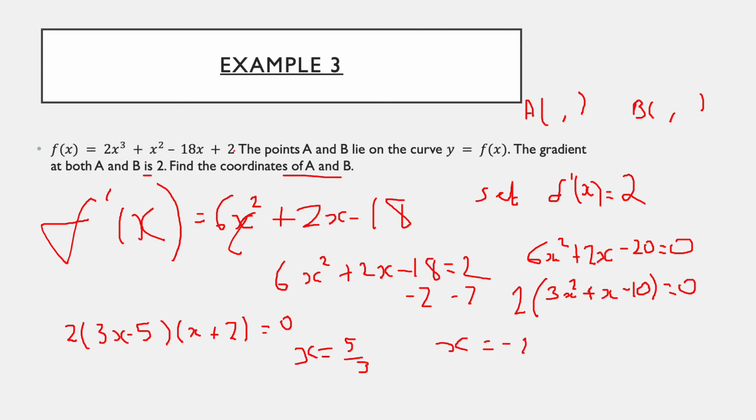And then I've got to now work out my corresponding y coordinates for each by subbing that in to my answer. So I might have to use a calculator for this. So when x equals minus 2, doing this on my calculator, so 2 times negative 2 cubed is minus 8.